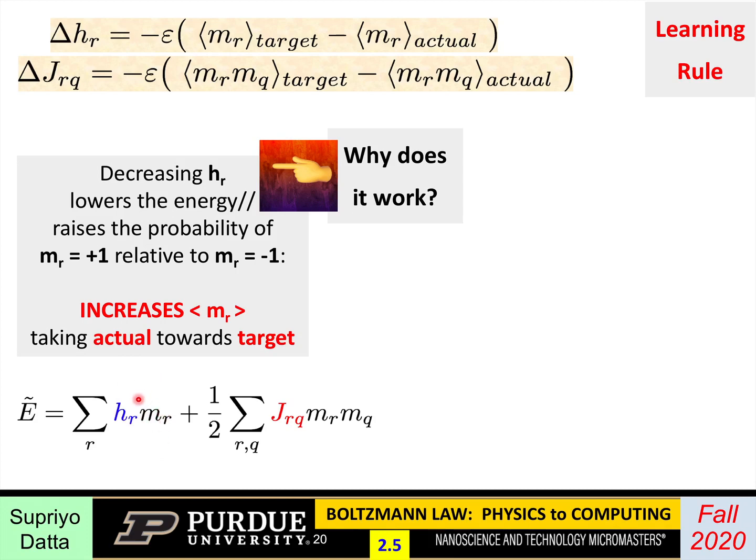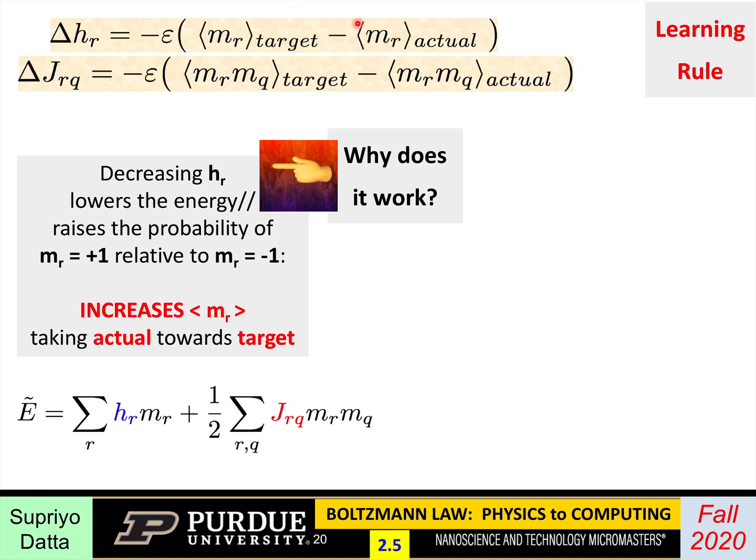When M is minus 1, the energy will be minus 10. So in other words, a positive H puts an energy penalty towards being plus 1. So if I decrease H, the energy penalty will get less, and so +1 will become more probable relative to -1. And so overall, the average value of m will want to increase because there are more +1s than -1s. And that's exactly what we want, because the actual is less than the target.